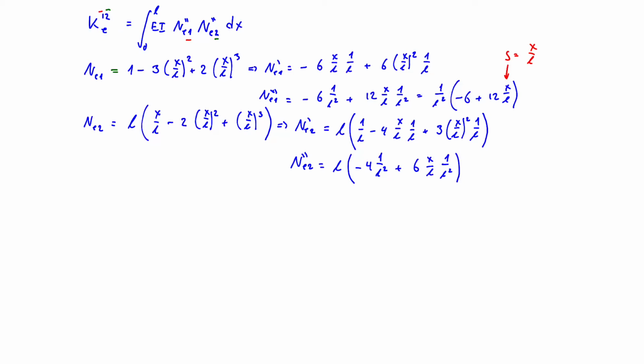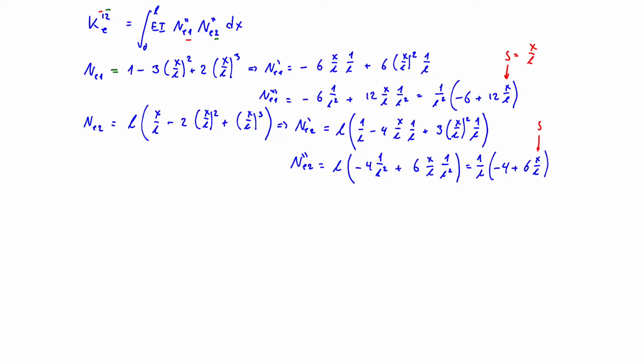And we can take 1 divided by L squared outside the parenthesis, whereby we'll get 1 divided by L squared times minus 4 plus 6x divided by L. And again, you see that this will be equal to S.